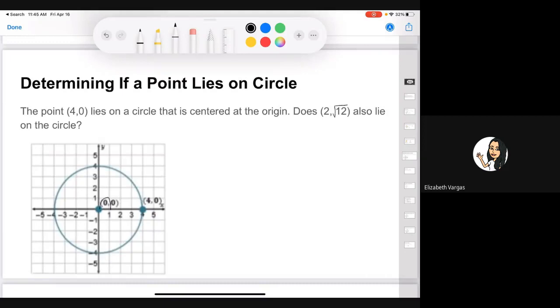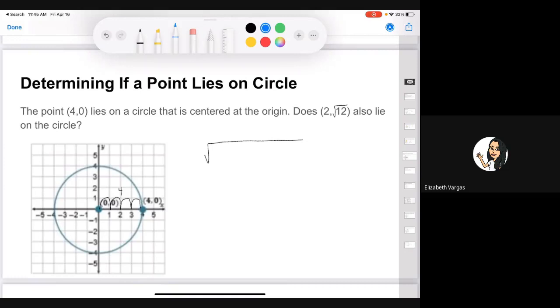And so the radius of your circle here is 4. And so that means what you want is for the distance from your origin to the point that you're looking for to also be 4. Because if your radius is 4, then the distance from the origin to any point on the circle has to be 4 as well. And so for this instance, I'll go ahead and do it with you.